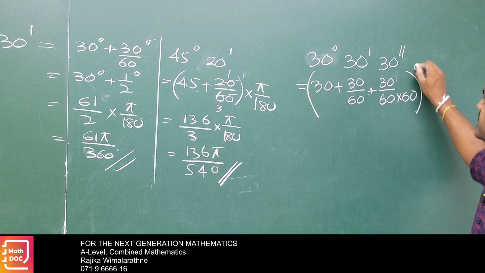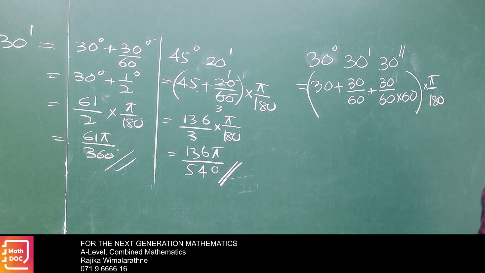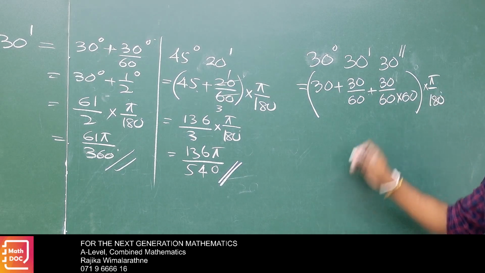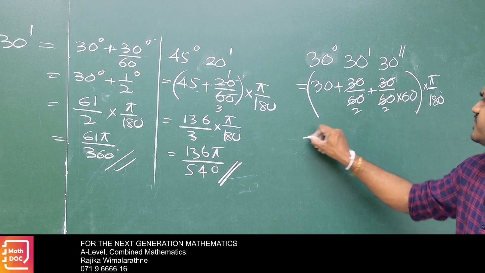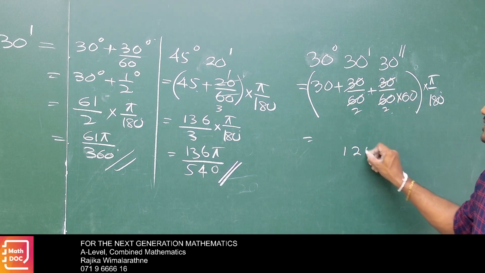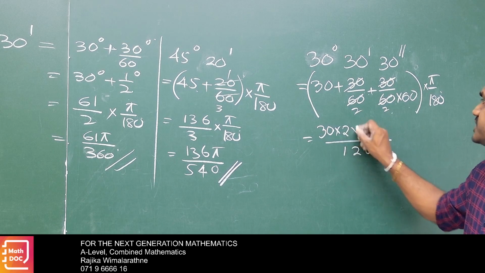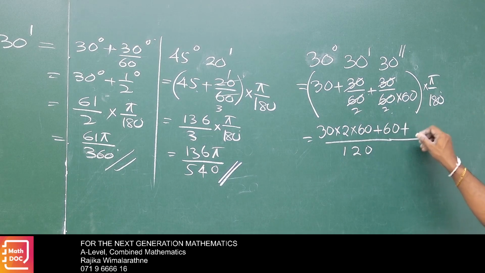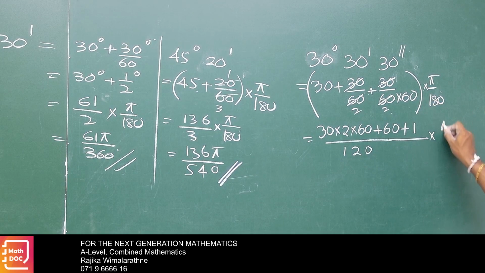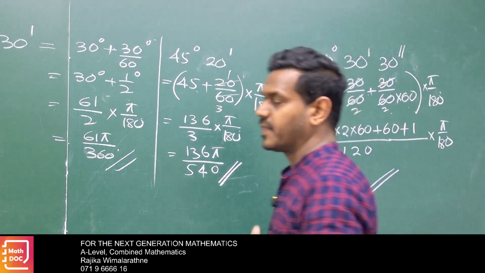Then you multiply by pi over 180. Now just simplify this. 30 times 2 times 60 plus 1, pi over 180. Then you simplify and get the value. Okay, do it.